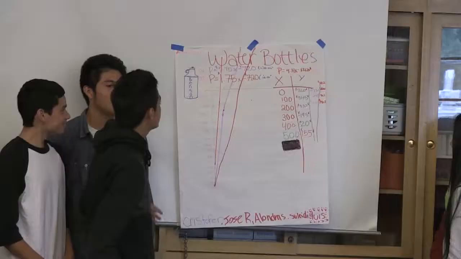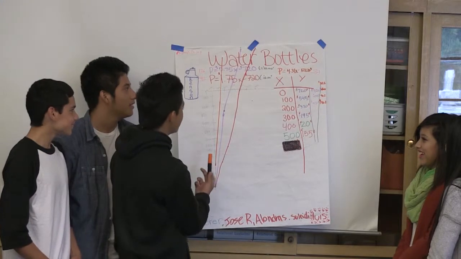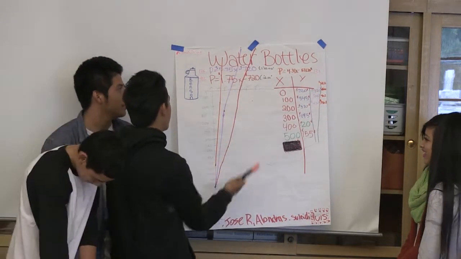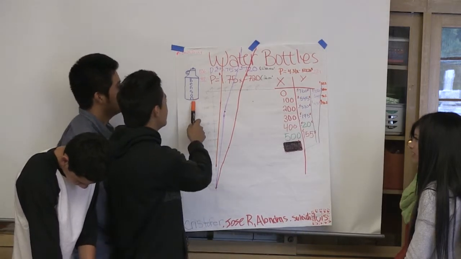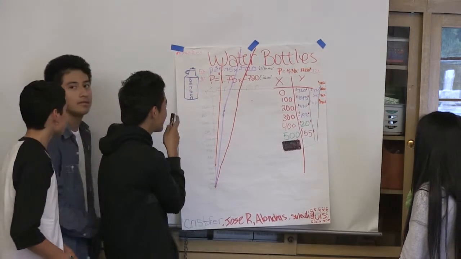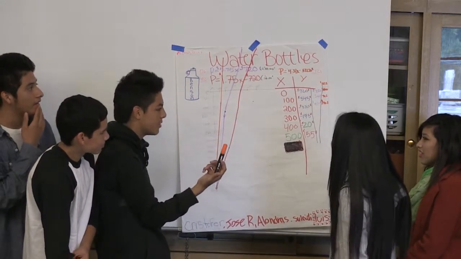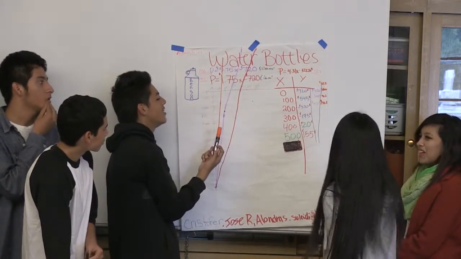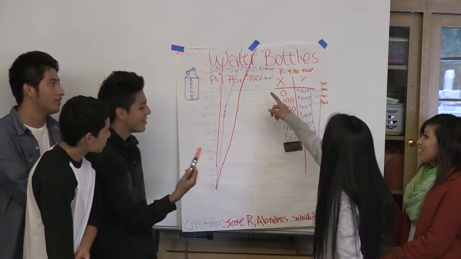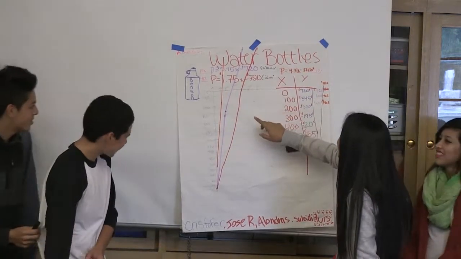This is our water bottle poster. We built a graph and a table, and the break-even point is 126 for this equation to reach 720, and the red equation is for the water bottles.